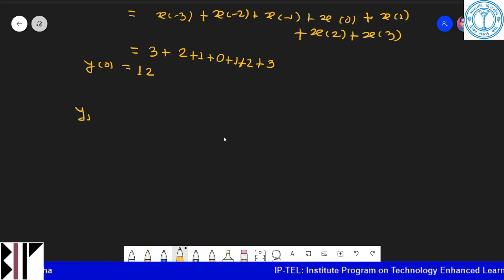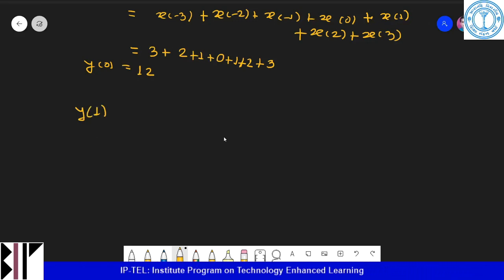You have to put n equals 1. So what is y of 1?